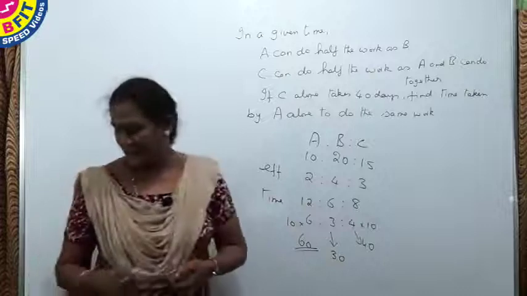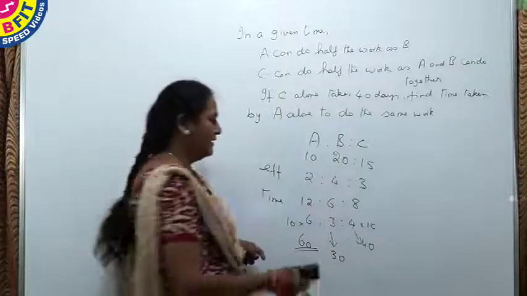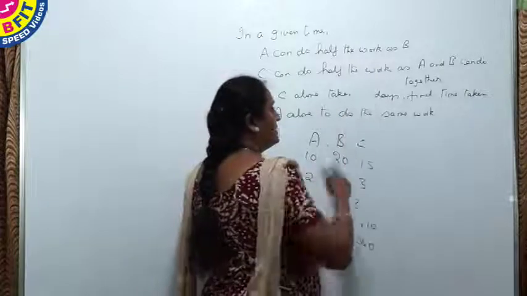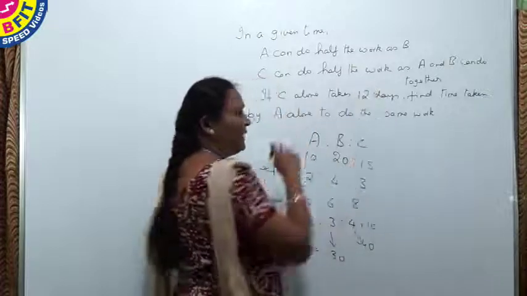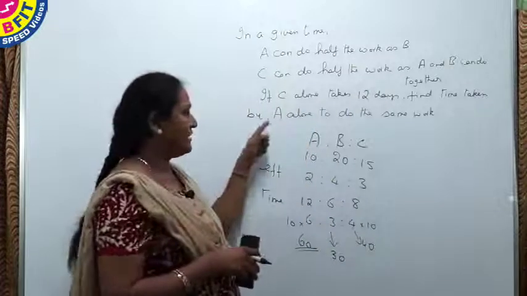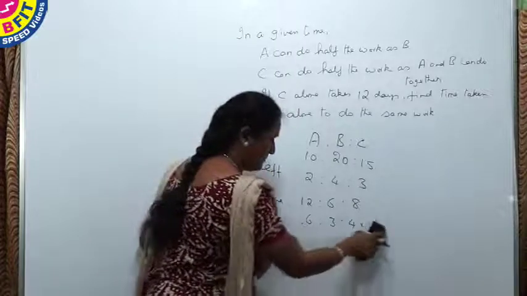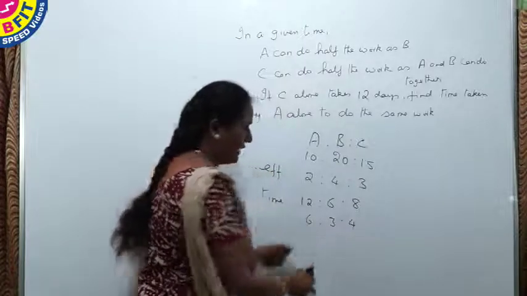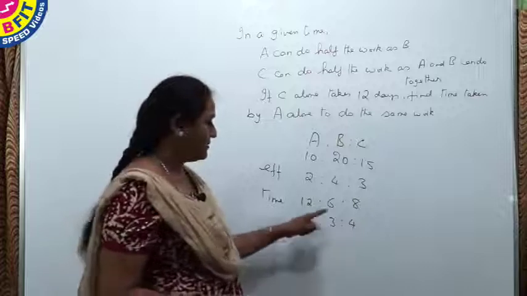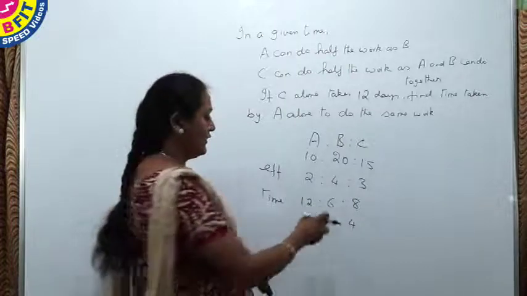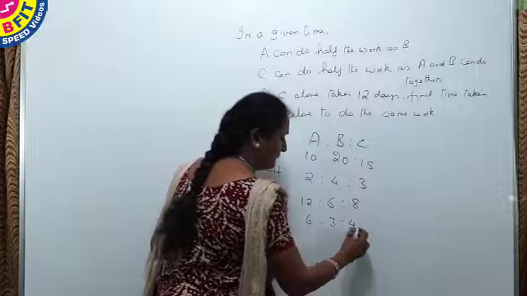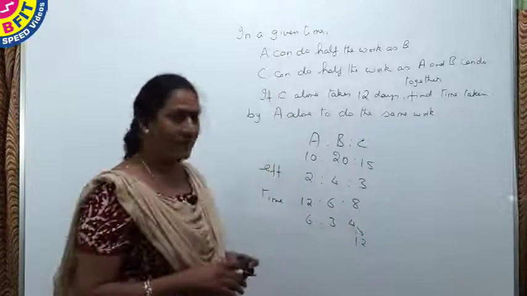Say for example, instead of 40, if it is given as 12. Suppose C alone takes 12 days to do a work, we have got the time taken ratio as 6:3:4. So when 4 parts is 12, how did we get this 12?